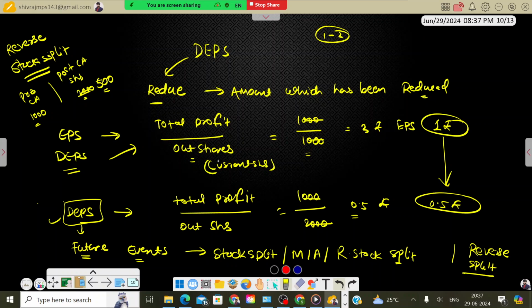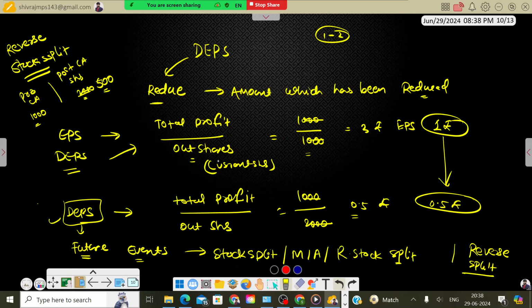It's simply that one approach considers all future events, and another approach directly calculates the earnings on the basis of current outstanding shares.